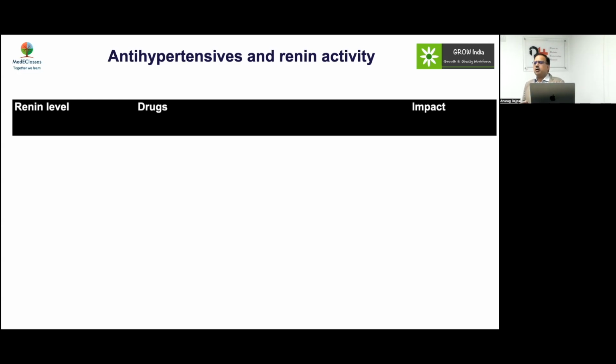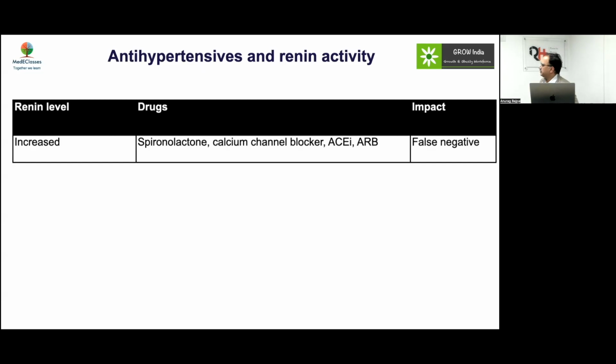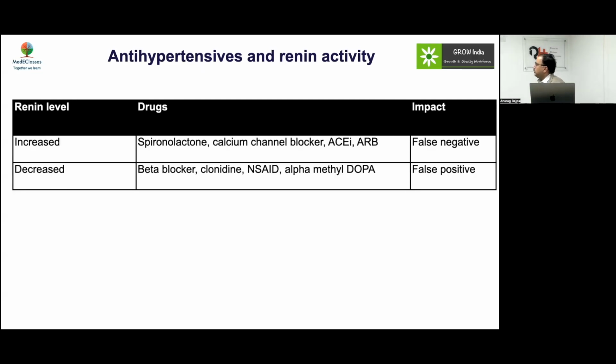Now, another very important problem in these scenarios is that many of these patients are already on many medications. So what is the impact of those medications when you are assessing the aldosterone-renin ratio? Because otherwise, you will get a false positive or a false negative result. So if you have intake of spironolactone, essentially we're talking about calcium channel blockers, ACE inhibitors, ARB and spironolactone, all of them will suppress in a way aldosterone activity.